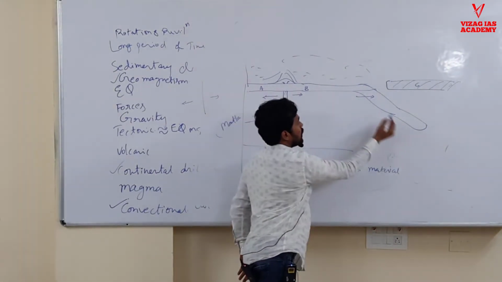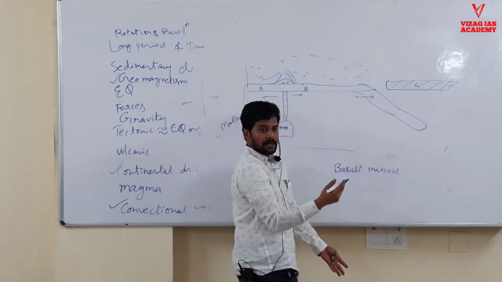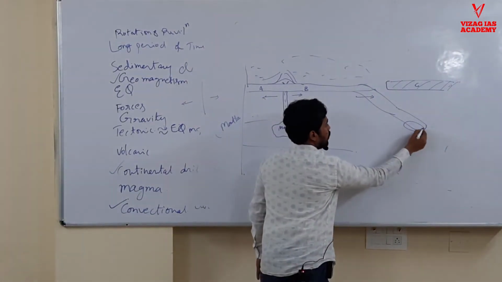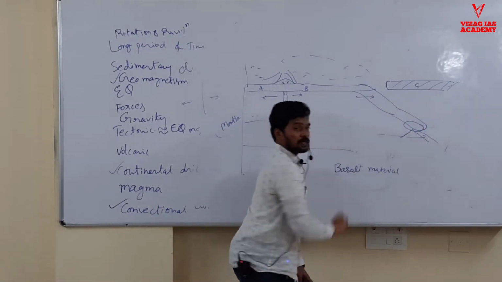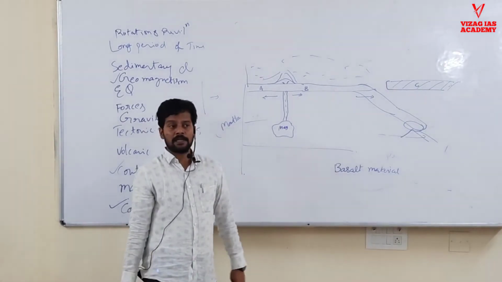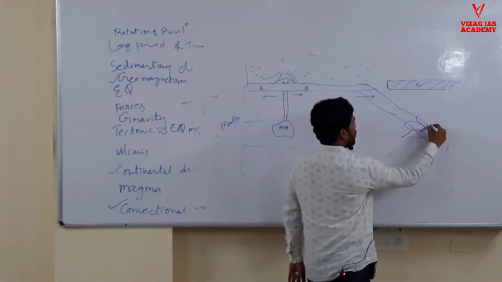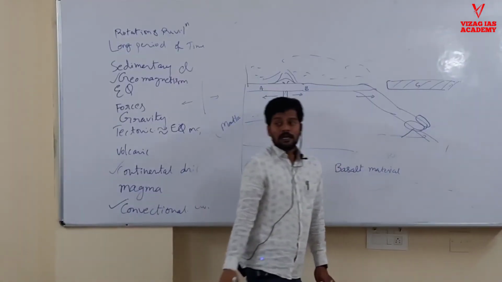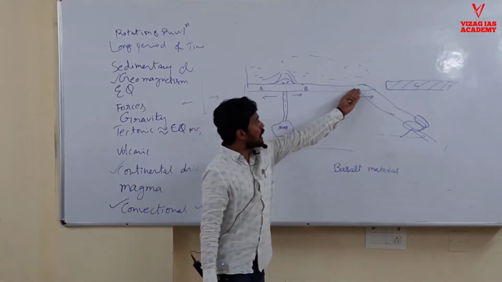The bottom portion is nothing but a part of this only, a bit heavier. This portion will be melted and mixed with the asthenosphere, whatever magma is there. But this top portion is nothing but the sediments coming from this land only, this oceanic plate.